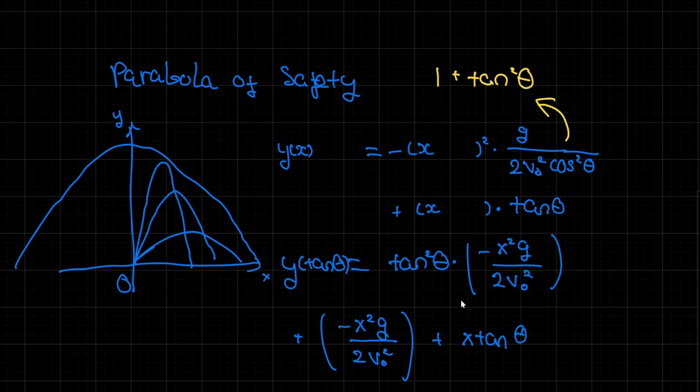So this is a quadratic equation of tan theta, and so if you want to have all these possibilities, meaning that there is always only one theta value for each of these trajectories, and well, they all exist, right?